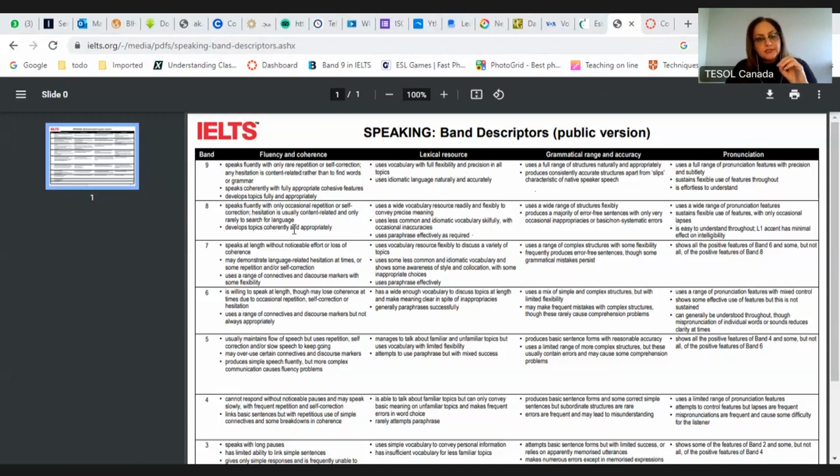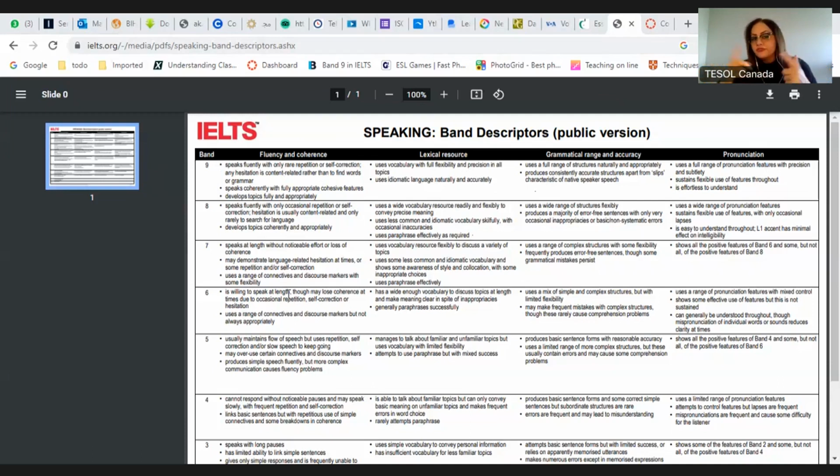Fluency and coherence is the part about how fluent the student is, with no pauses, and what the examinee said is related to the questions. Lexical resource is a range of vocabulary, using vocabulary with flexibility and precisely.